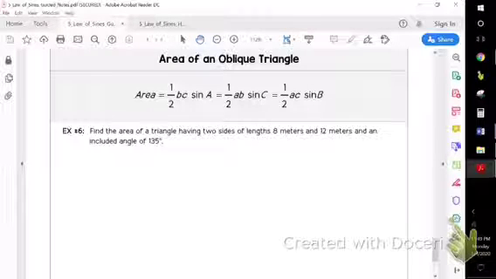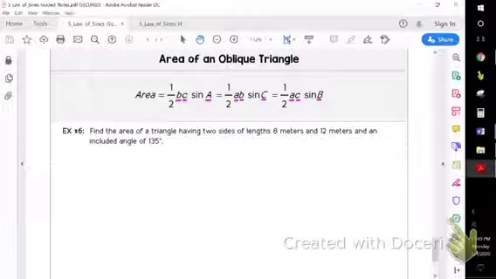So if you notice, on this first one, your two sides are B and C, but your angle is A. On the next one, your two sides are A and B, so your angle is the third letter, C. And on the last one there, your sides are A and C, and your angle is B. Okay, so it's 1/2 times side 1 times side 2 times sine of the angle that lies between the two sides.